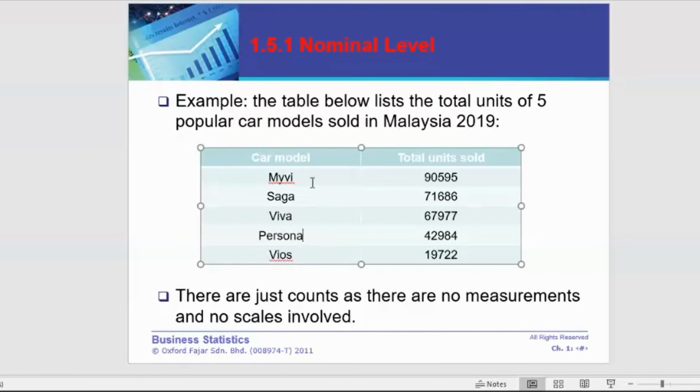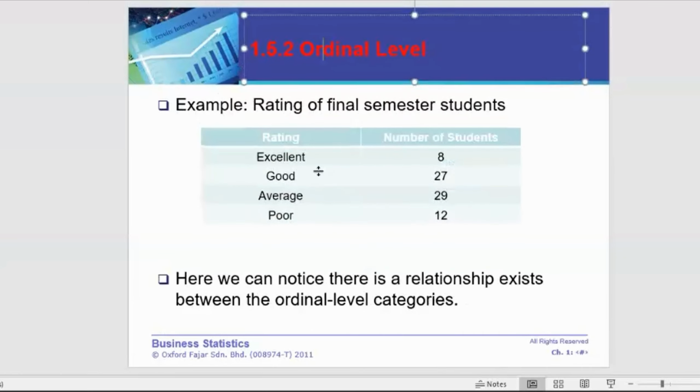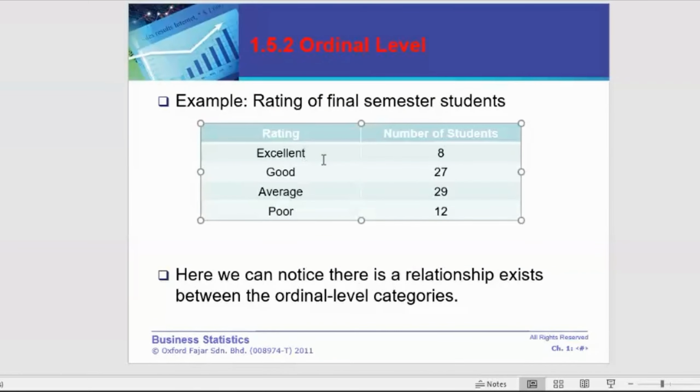We cannot say this one is higher or lower, because we still have other things we need to consider, okay? While in our ordinal level, we can say that excellent is for 100% higher than good, while good is higher than average and poor is lower than average.